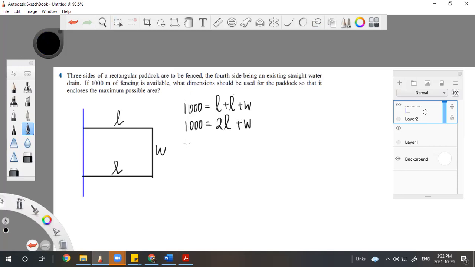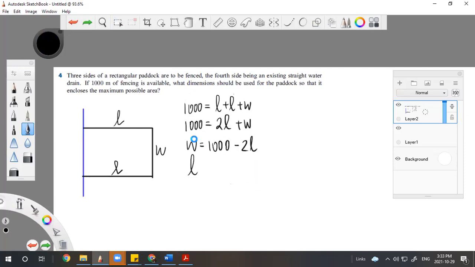So you can write W is 1,000 subtract 2L, right? That's the easiest way, rather than solving for L, which is too hard: L equals 1,000 minus W over 2, wasting time, right? It's too complicated.